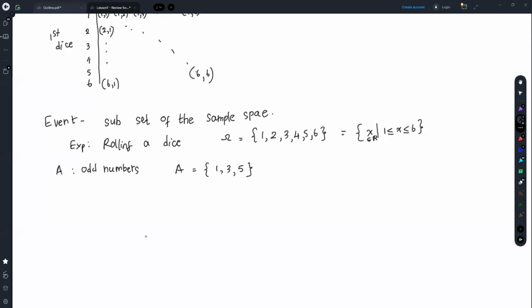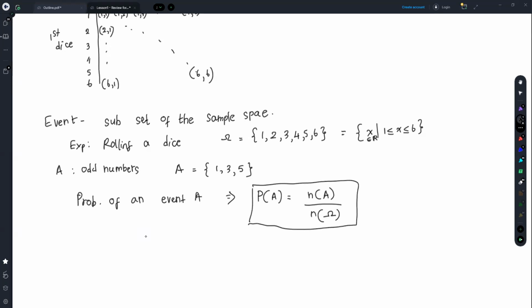And if I want to find the probability of an event, let's say A, how do you find it? We find it from the number of observations in the event A, divided by the number of observations in the sample space.